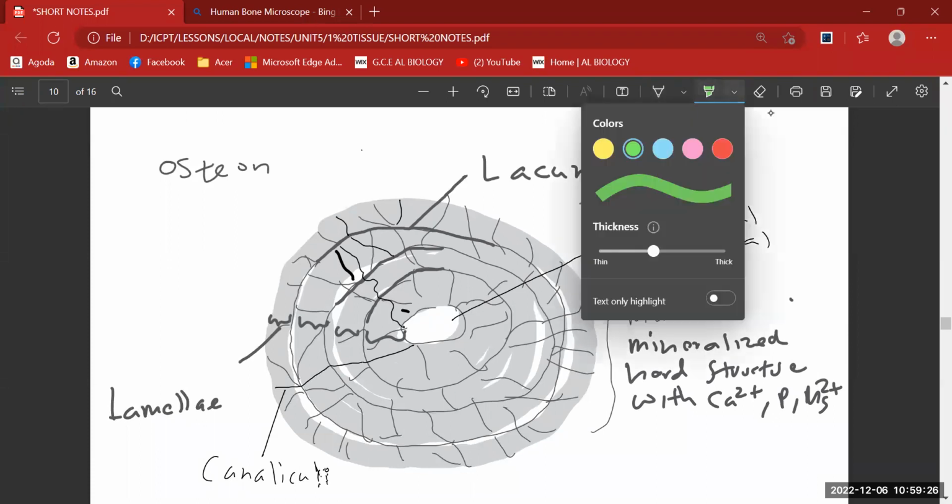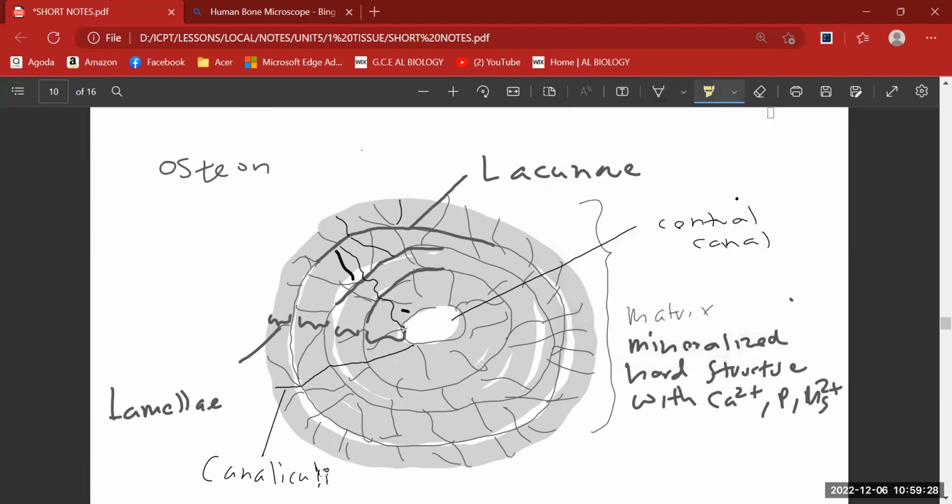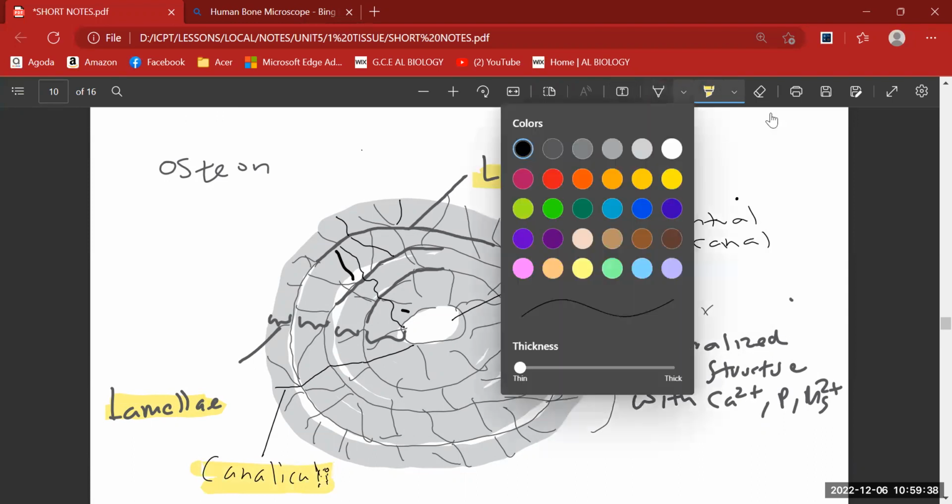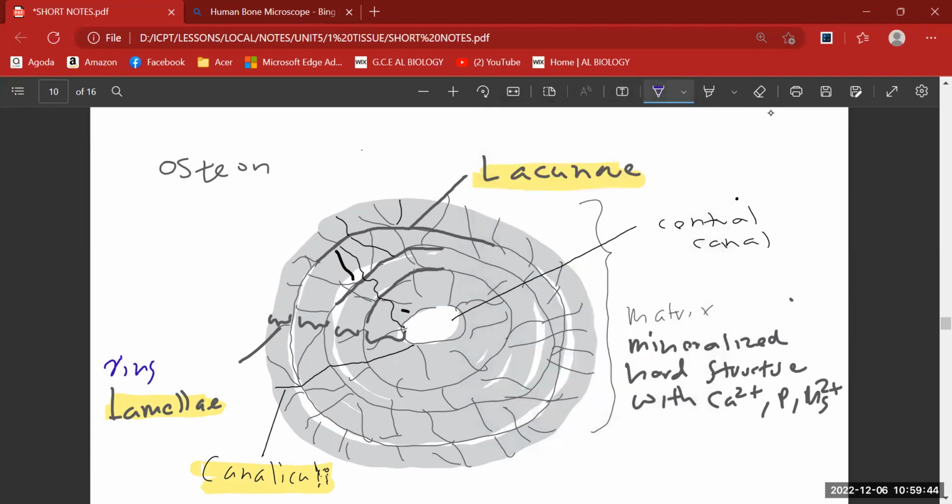Okay. So lamellae, lacunae, canaliculi. Let's write to understand what those things are again. Lamellae are rings. Lacunae are the margin between two rings.